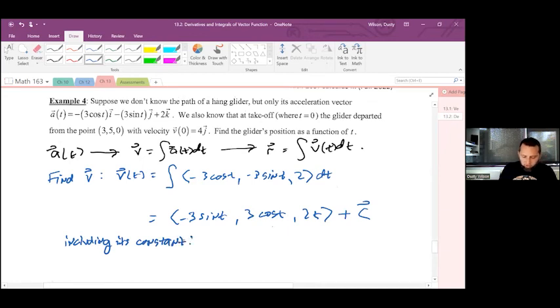So to find its constant, we take advantage of the fact that we're told that the initial velocity was 4j.